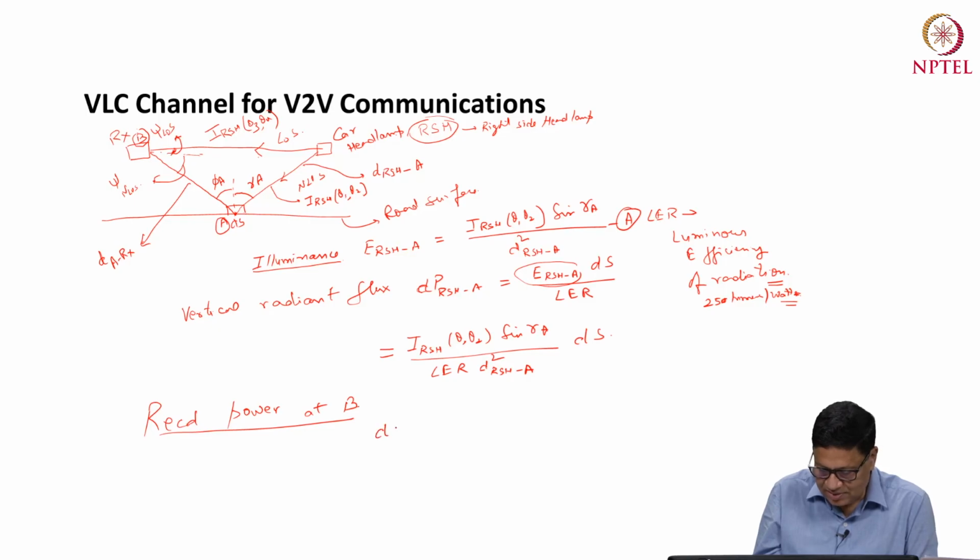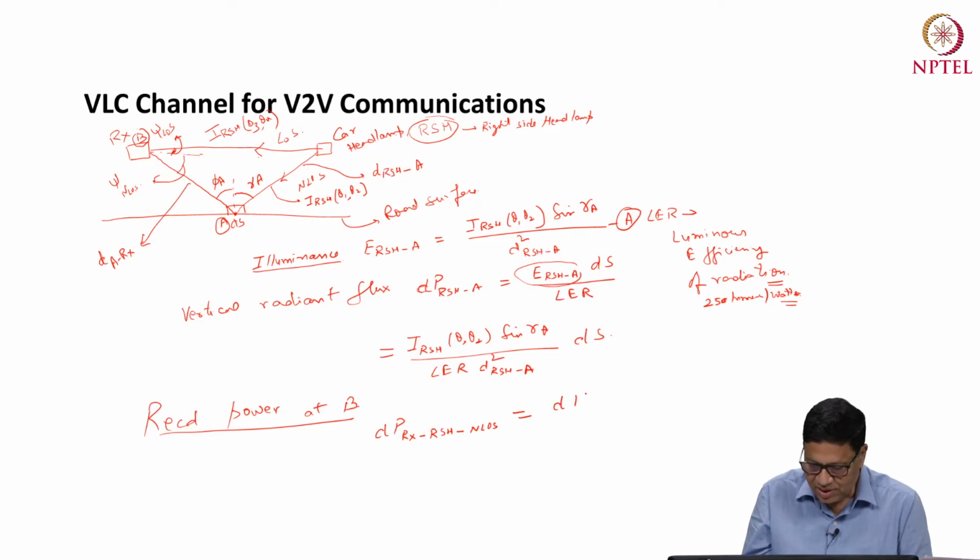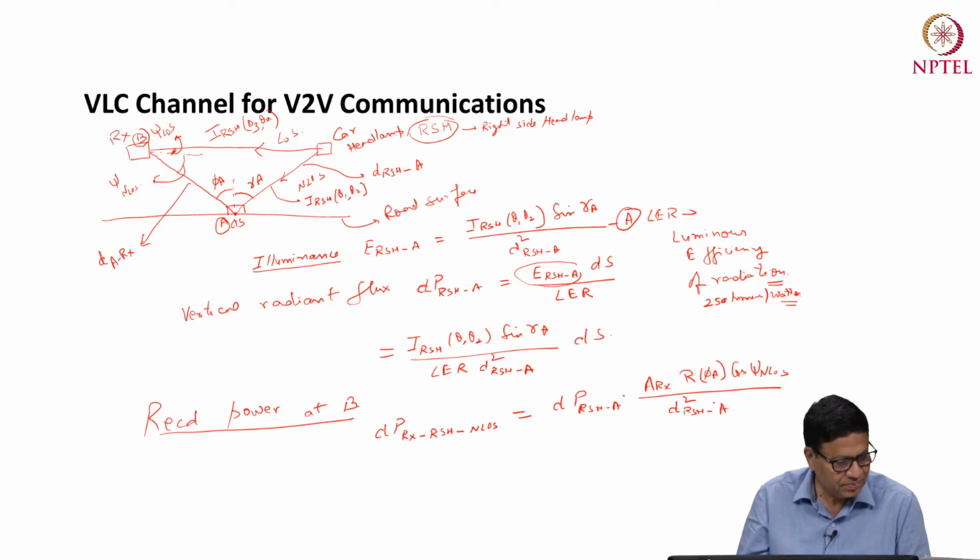So let us designate this as dP coming from the surface dS at the receiver from the right side headlamp, and we are considering non-line of sight, is equal to dP, that is the vertical radiant flux, dP RSH A into area of the receiver Rx into R phi A, this is the reflection or the scattering part, phi A, cos psi NLOS, and divided by the distance, d square RSH A. So this distance will be A to Rx.